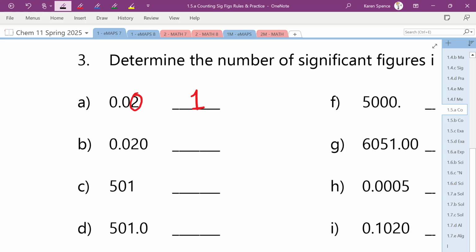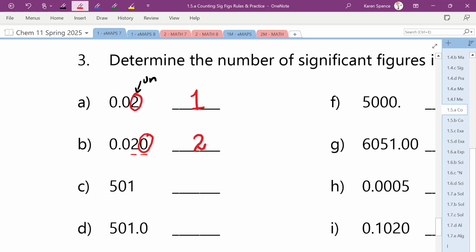If we only have one sig fig, that's going to be our uncertain digit. In our next one, we have 2 sig figs. Who are my significant figures? My 2 significant figures are 1, 2. It's the last of those sig figs that is the uncertain digit, so it's going to be this one.